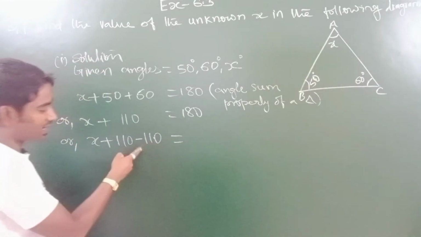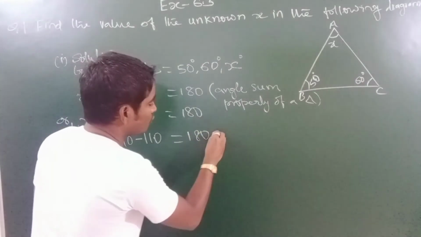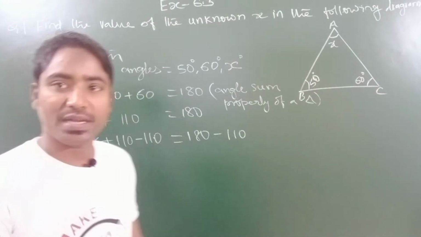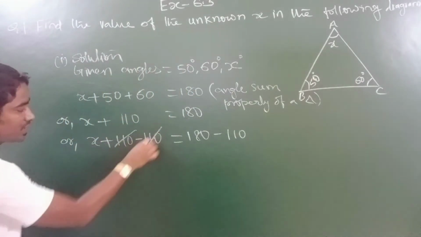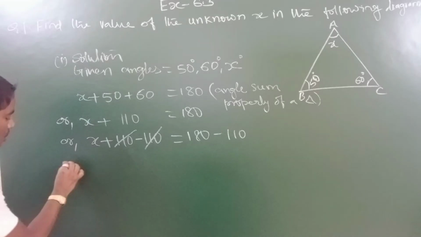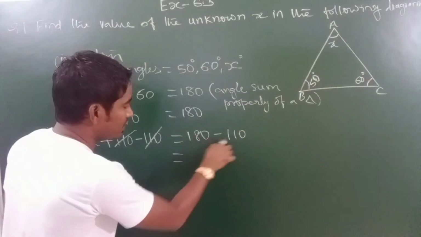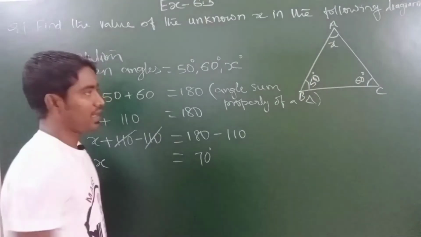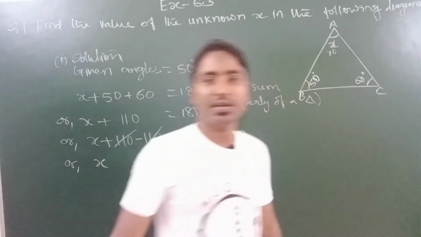Since we have subtracted 110 on the left of the equation, here also on the right of the equation we will subtract 110 to maintain the balance of the equation. ठीक है, now this 110 and plus 110 will cancel each other, students. Here we will be left with only x, and if you solve this, you will get how much? 70. And this is the value of x, that is, the third angle will be equal to 70.